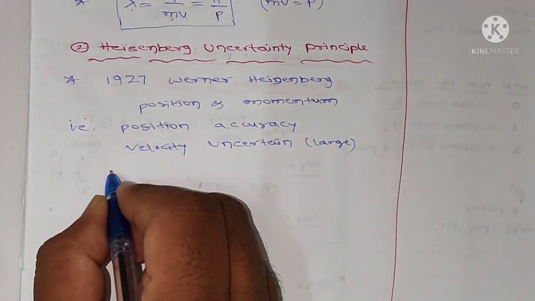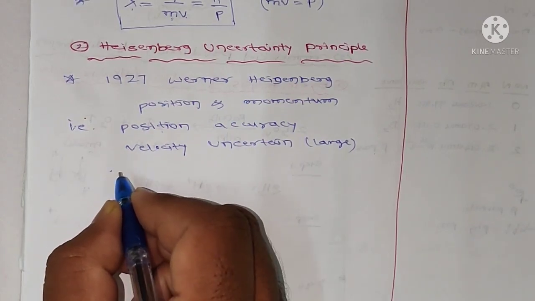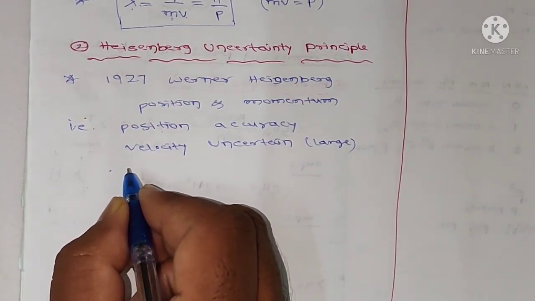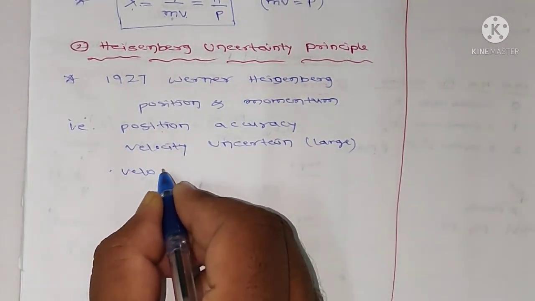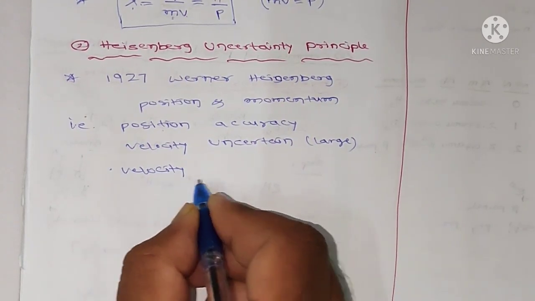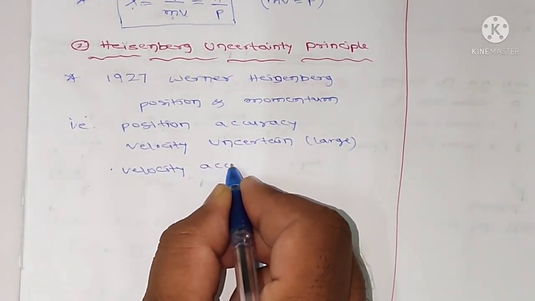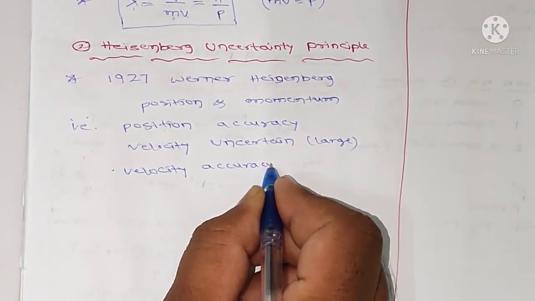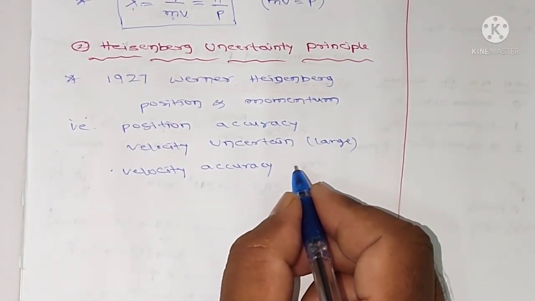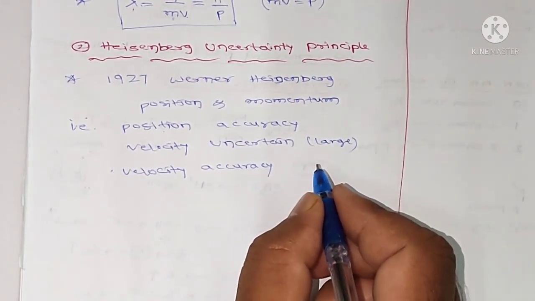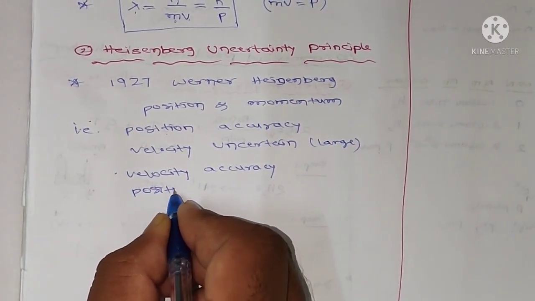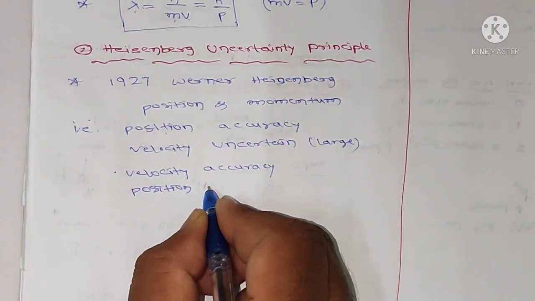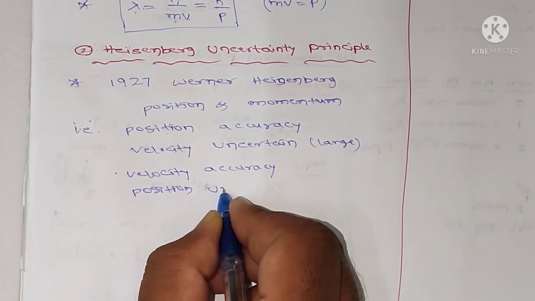And if the velocity of electron is known with accuracy, then the position of electron will be uncertain.